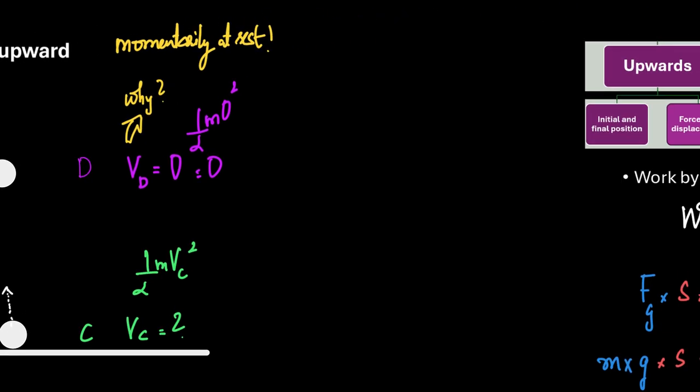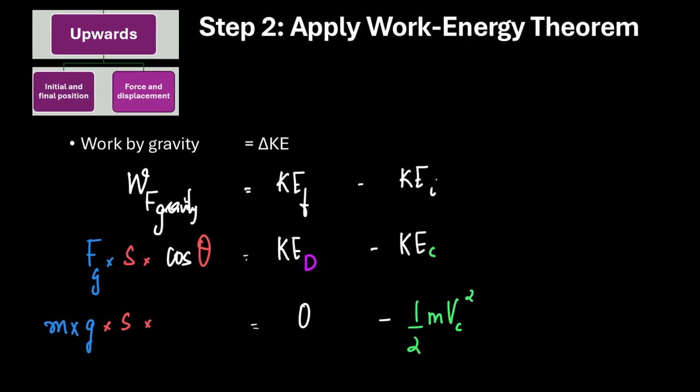Okay, so if you apply the work energy theorem, work done by gravity will be equal to change in kinetic energy, which is kinetic energy final minus kinetic energy initial. Kinetic energy final is 0, kinetic energy initial is half m into vc square.